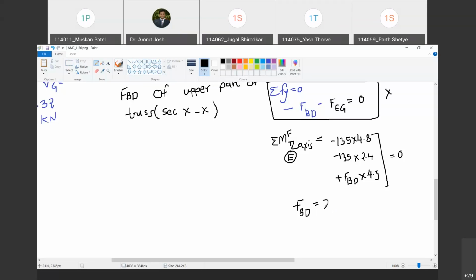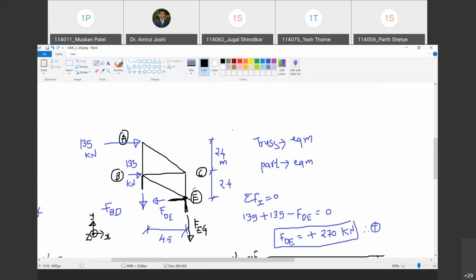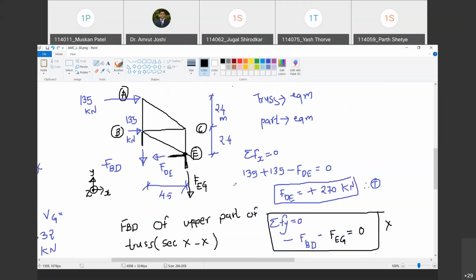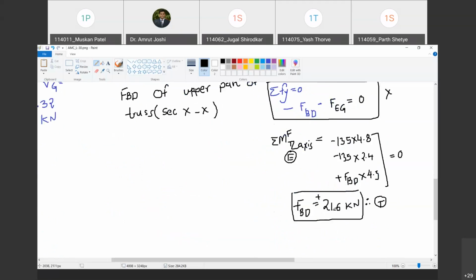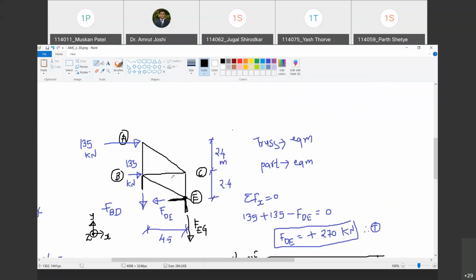So it is 216 kilonewton. And what is the sign? It has turned out to be positive. So the originally assumed sense of FBD is correct, and therefore it is tensile. Do you agree with me? Yes, sir. So we have found the forces in members DE and BD by applying equations of equilibrium to the upper part. Agreed? Yes, sir.